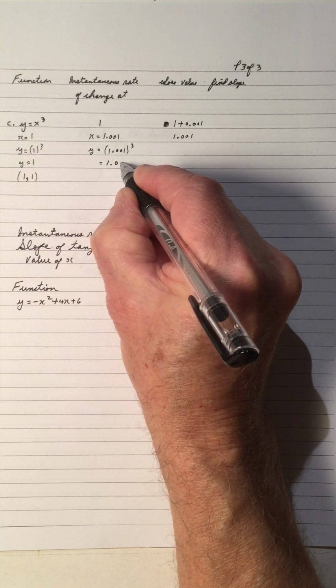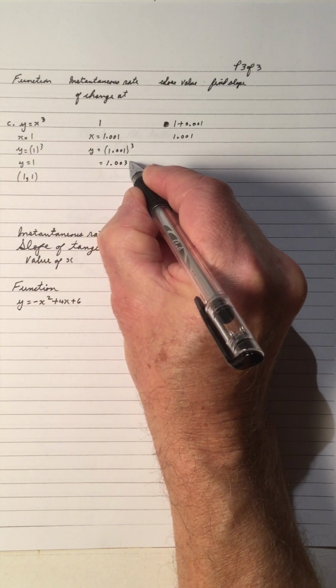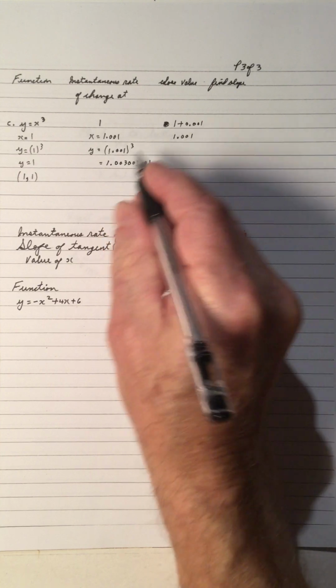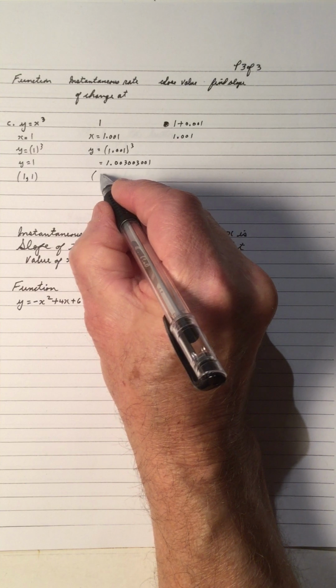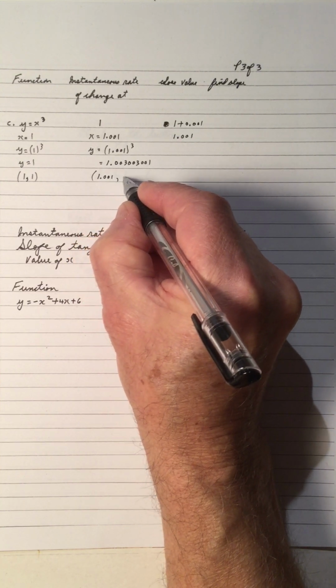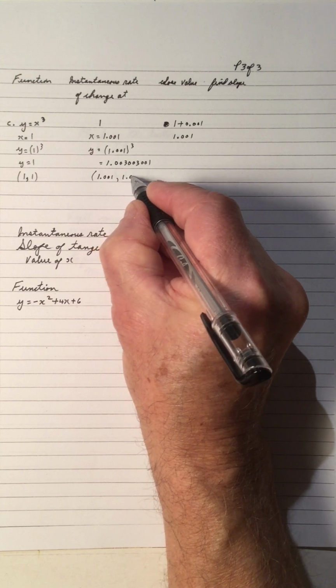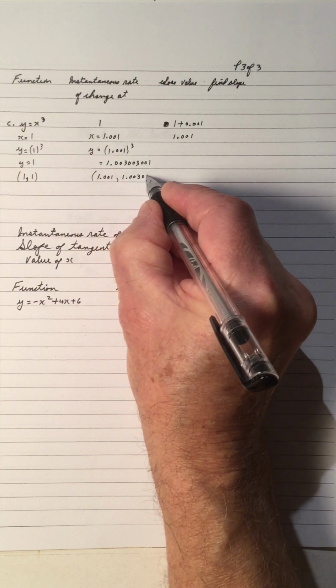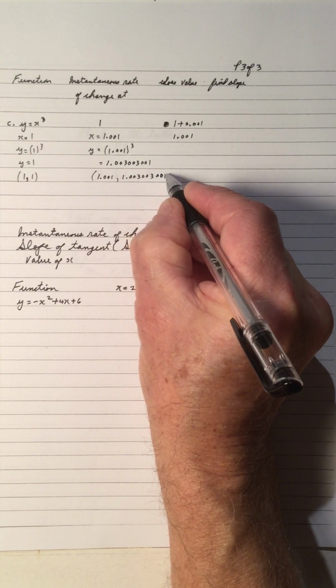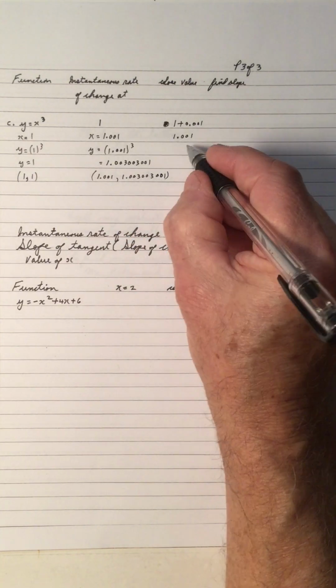You get 1.003003001. So this point is 1.001, and the y value is 1.003003001.